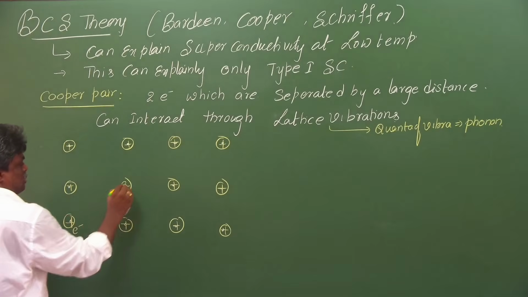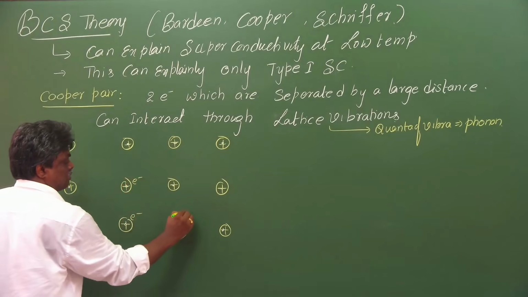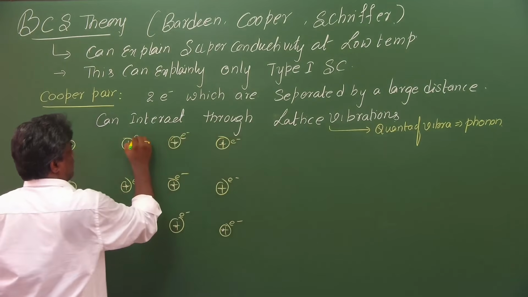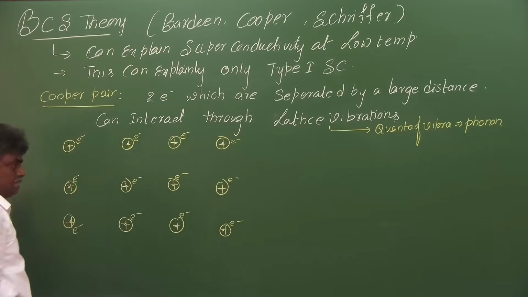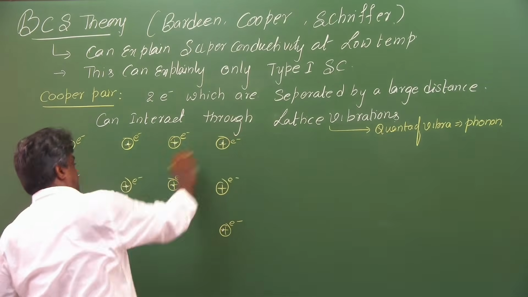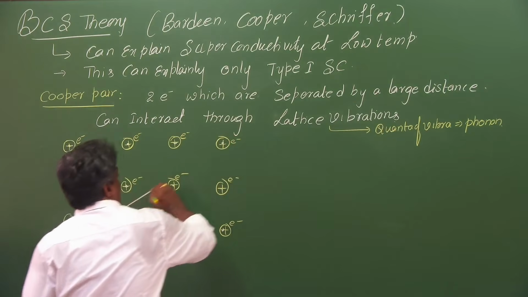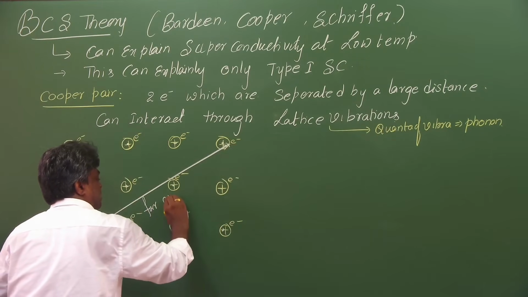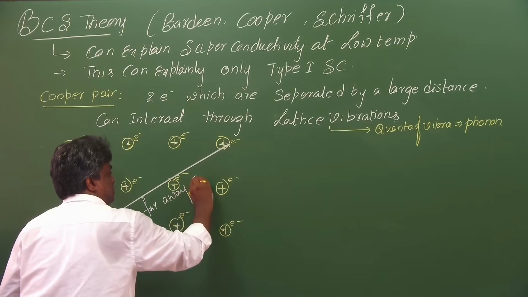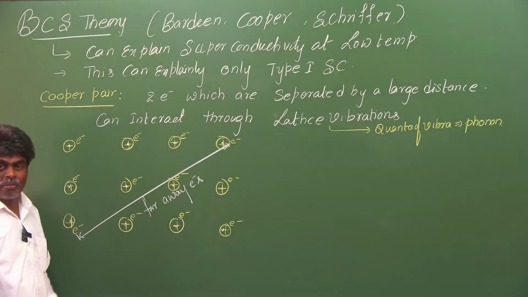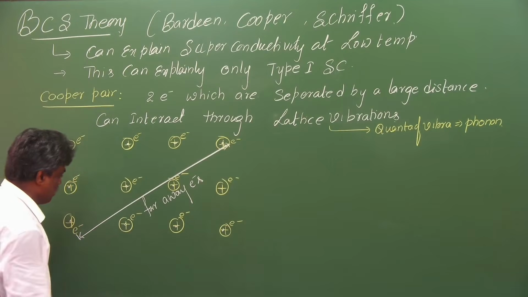We have free electrons everywhere because it's a conductor. If you consider these two electrons, they are very far away, but still they are going to form a pair. How?